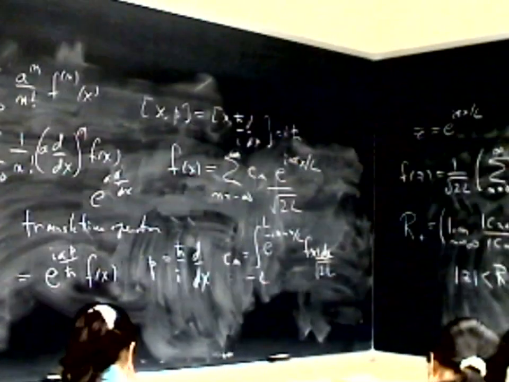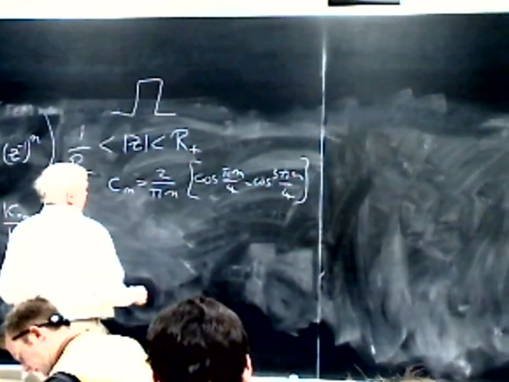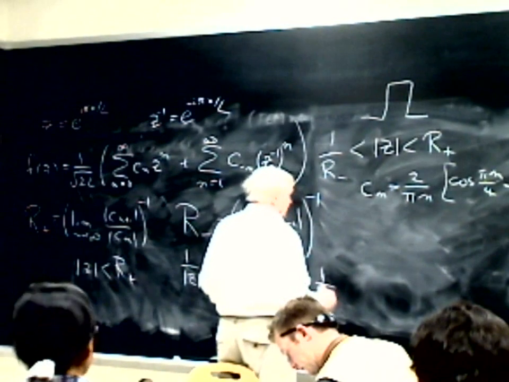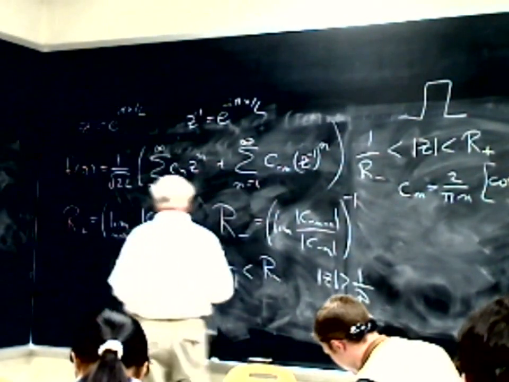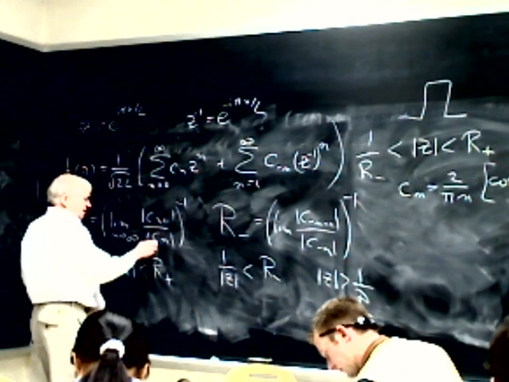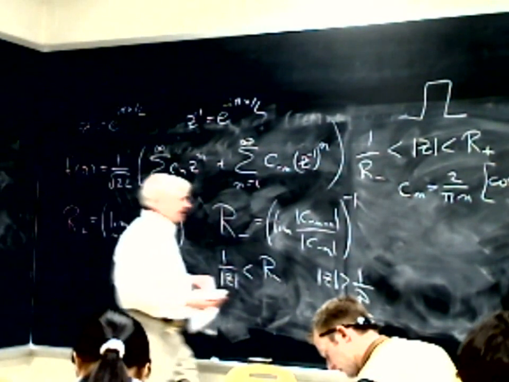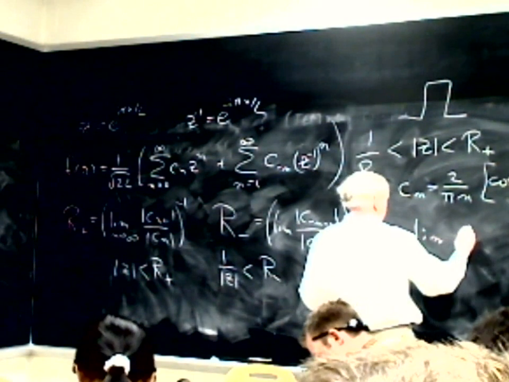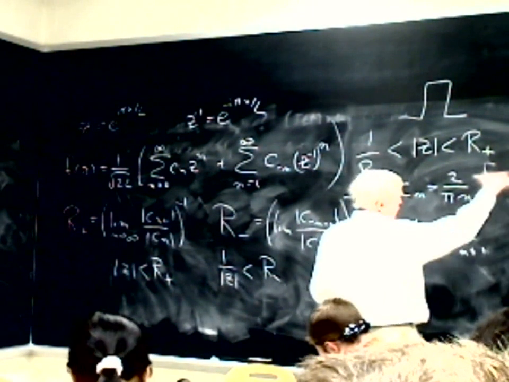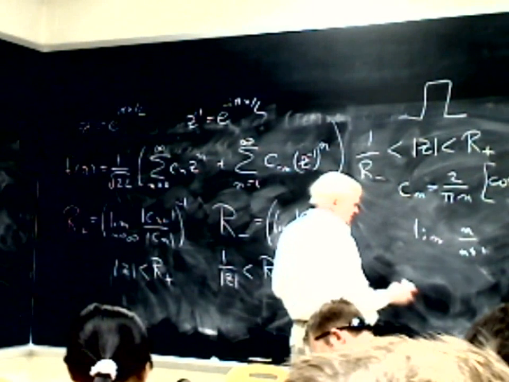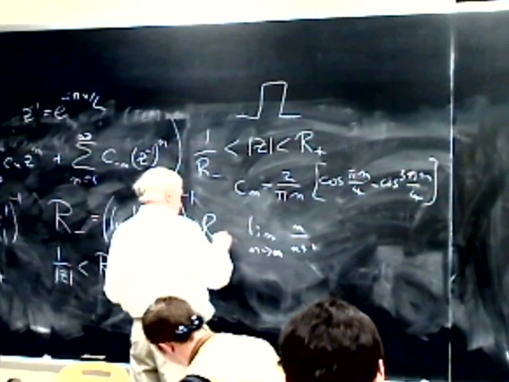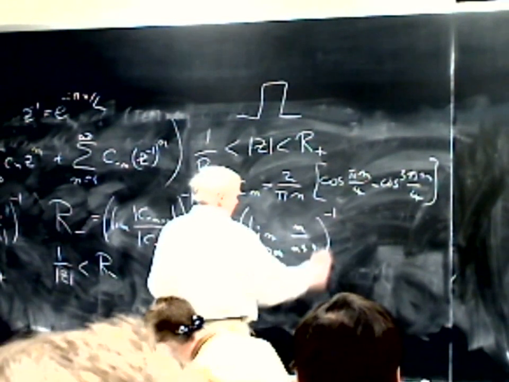There's probably a better way of writing that. What do we see? This goes as 1 over n, and so we've got basically n over n plus 1, for the limit of n over n plus 1, throwing away the other constants that probably don't affect anything. The limit as n goes to infinity gives R plus, and R minus is this minus 1.